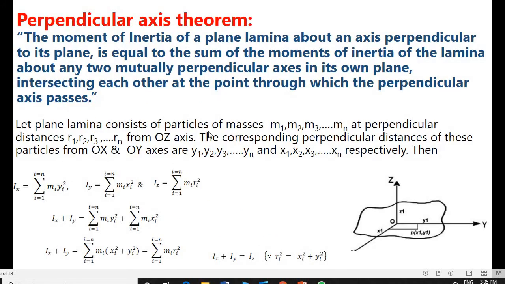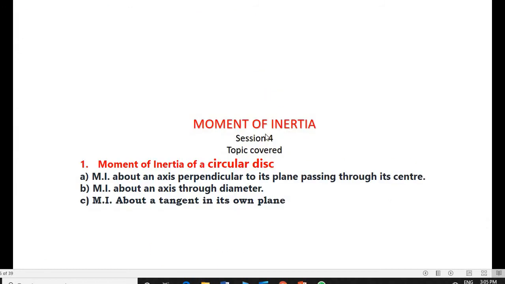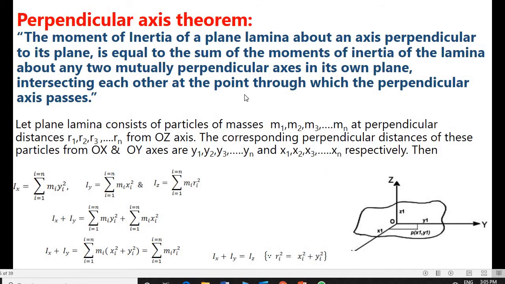Next is the perpendicular axis theorem. This perpendicular axis theorem holds good only for a plane lamina. Here the moment of inertia of a plane lamina about an axis perpendicular to its plane, that is OZ, is equal to the sum of the moments of inertia of the lamina about any two mutually perpendicular axes in its own plane.